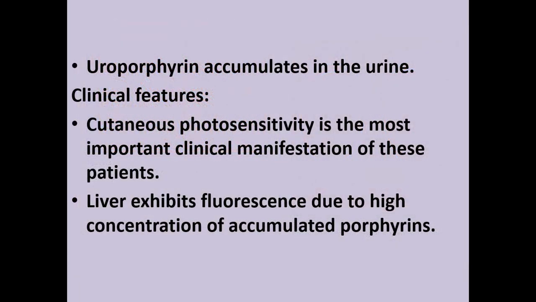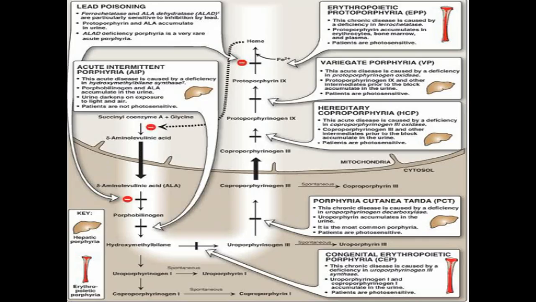Uroporphyrin accumulates in the urine, and clinical features are cutaneous photosensitivity, and the liver exhibits fluorescence due to high concentration of accumulated porphyrins. This is the picture from your book, which shows different types of porphyrias with their deficiency states and the intermediate accumulation with signs and symptoms.